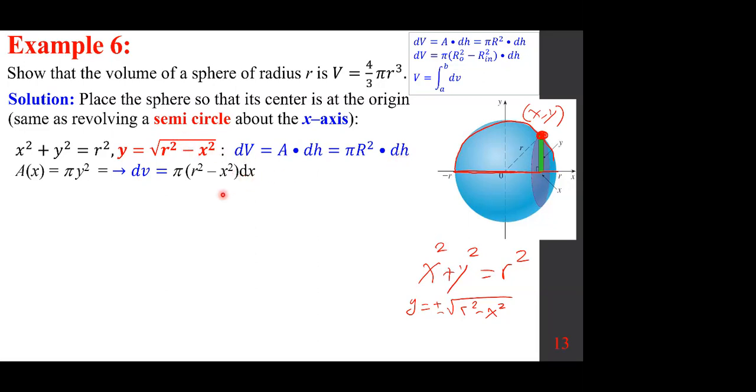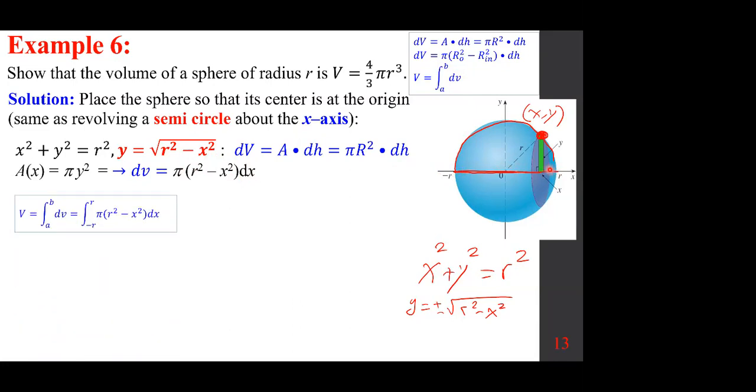Okay. So now let's evaluate the integral of dv, that means this piece, from a to b. So what is it to be, class? From negative r to positive r. So we're going to go all the way from negative r to r.